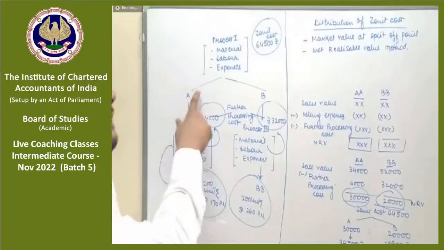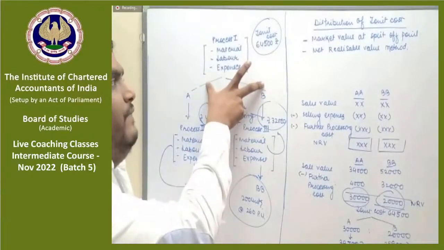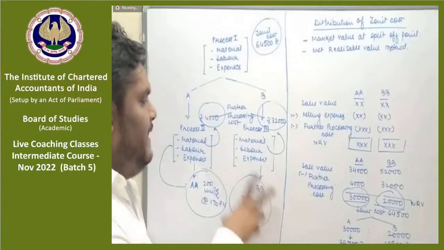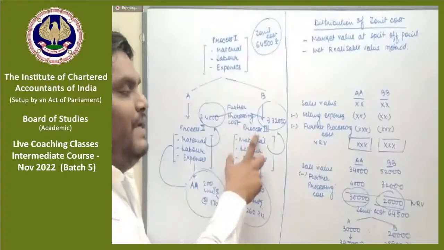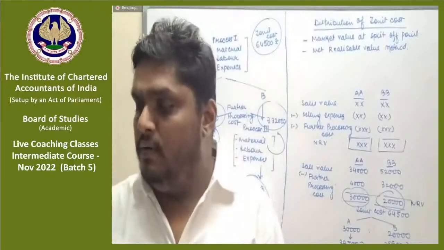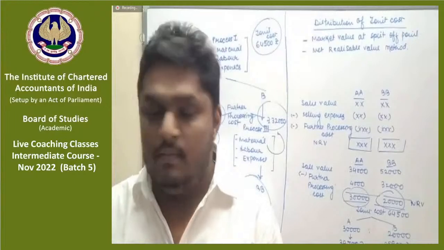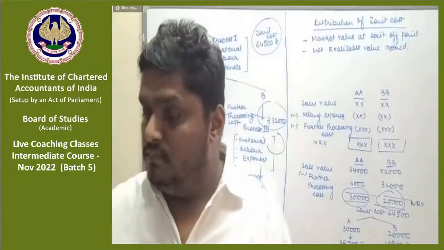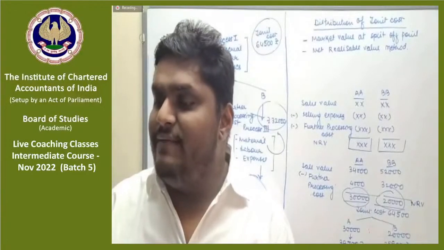I repeat again, the market value of A and B is not given, but we have the market value of double A and double B, plus the cost of process second and process third. Anyone else having any doubts?